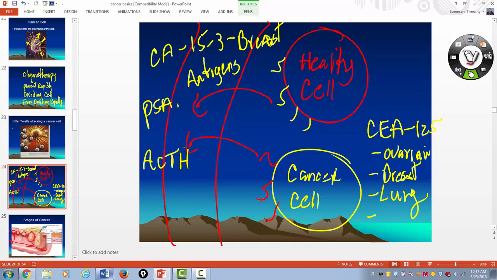That's the hormone that's released from the pituitary gland to stimulate the adrenal gland to release cortisol. So one of the things that physicians have to check for if a person comes in exhibiting signs of Cushing's syndrome is lung cancer, because lung cancer cells produce ACTH.